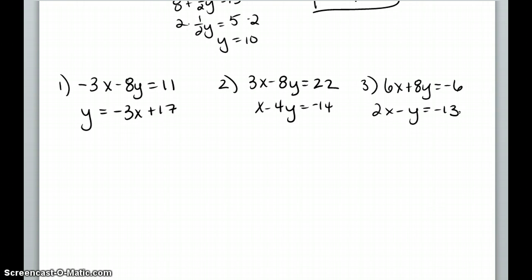You can either work with your DFF on each one, or you can try them each separately and then compare answers. And sorry, make sure you guys realize that this is a negative 22 on number 2. So make sure you copy down that negative on the negative 22.